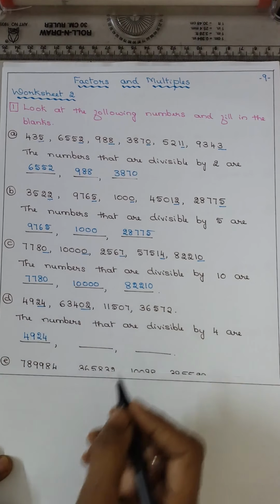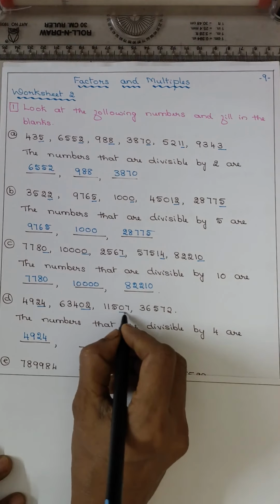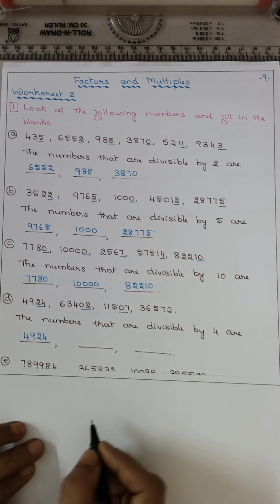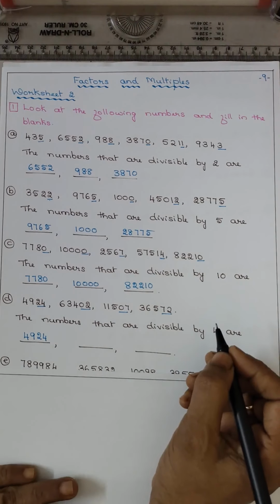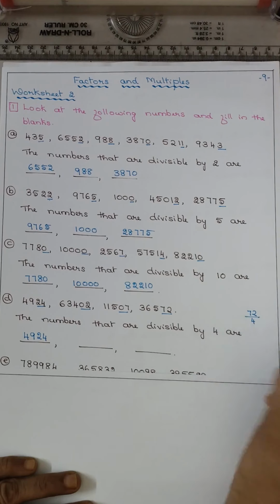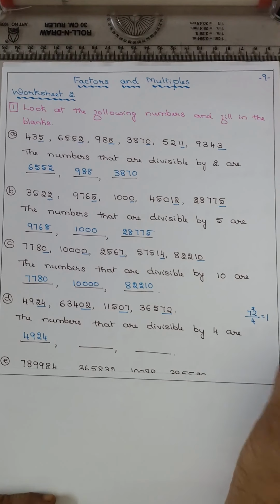Now 02. 2 is not divisible by 4, isn't it? 07. 7 is not divisible by 4. 72. Yes. 72 by 4. 4 ones are 4. 5, 6, 7. 3 remains. 3 and 2, 32. 4 eights are 32.